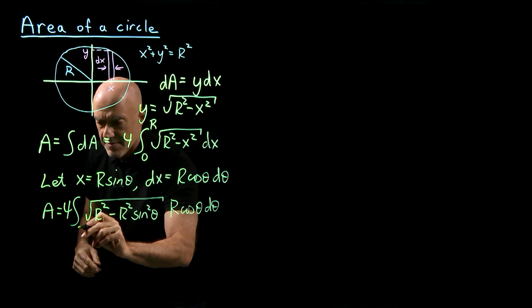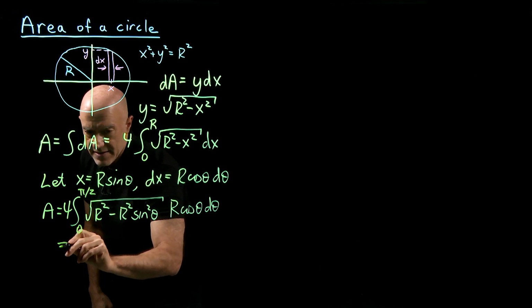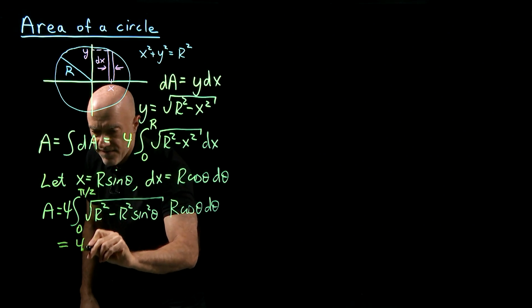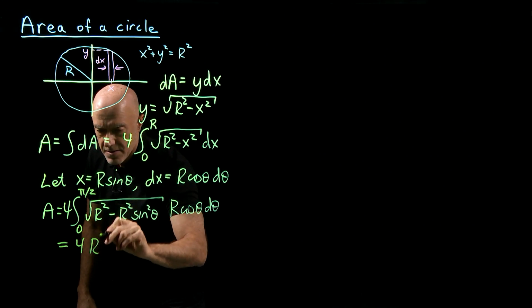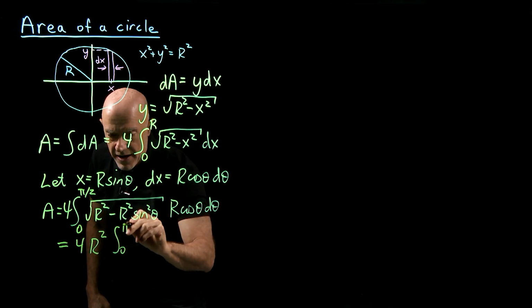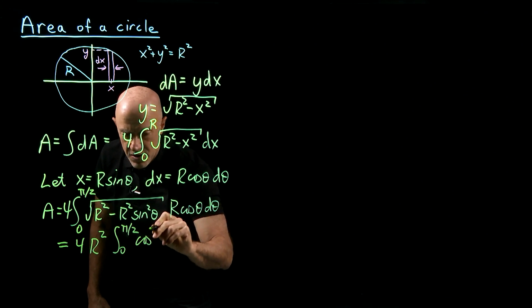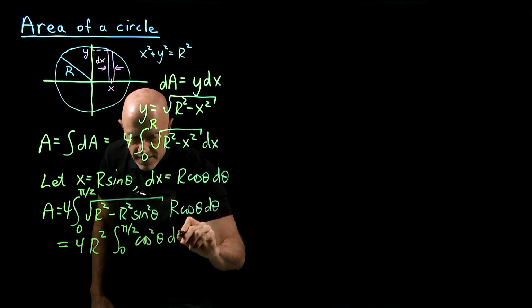So we can put in the limits here, 0 to pi over 2. And then we can simplify. So we have a 4r squared, then an integral from 0 to pi over 2, and then a cosine times a cosine, or cosine squared theta d theta.